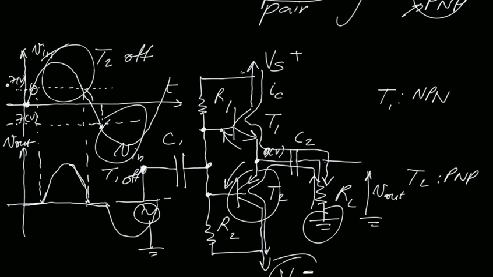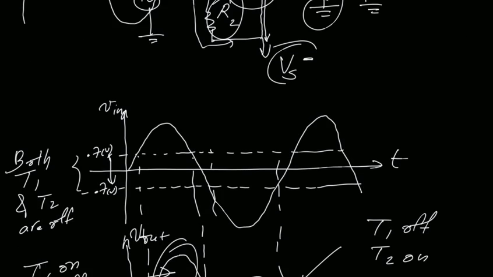Now, there is a current that flows in here, but if we choose these two resistors large enough, this current will not be very large. As long as the input is either zero, less than 0.7 or greater than minus 0.7, neither transistor conducts. So the transistors do not consume any power unless there's an input signal.